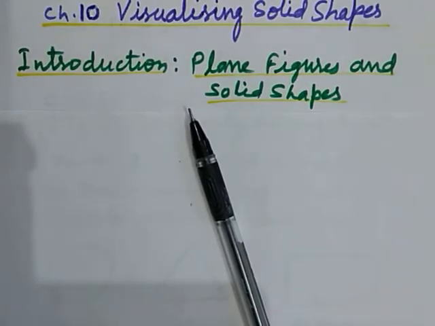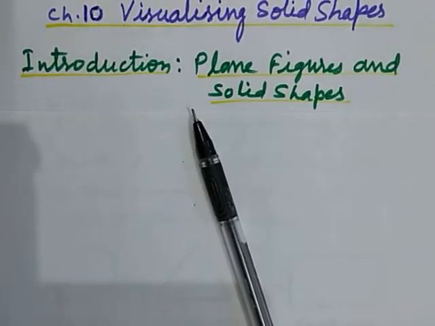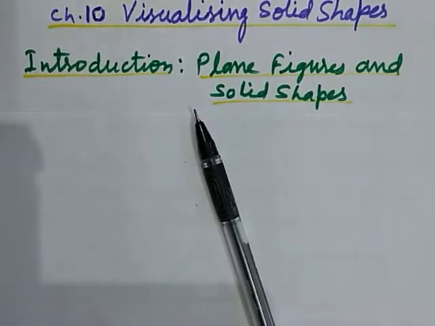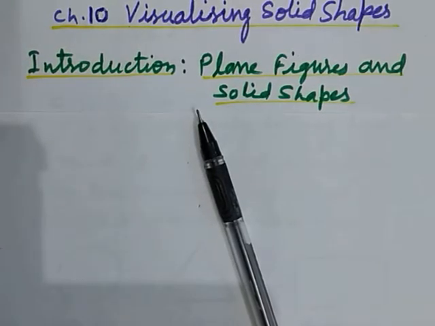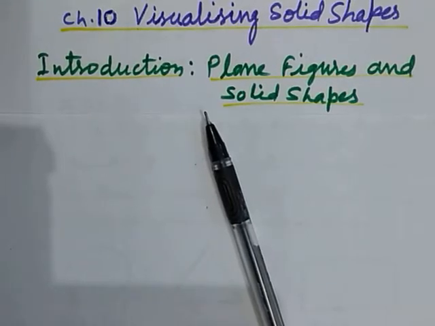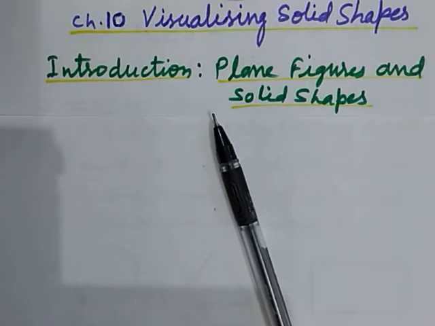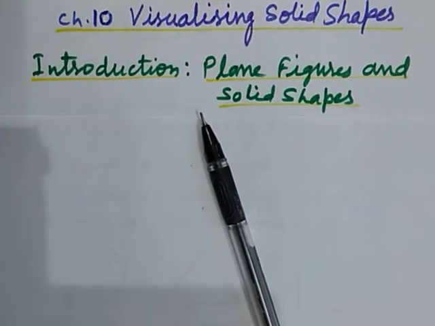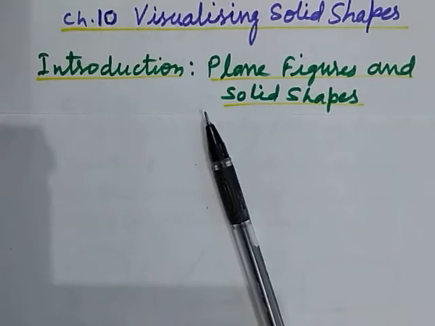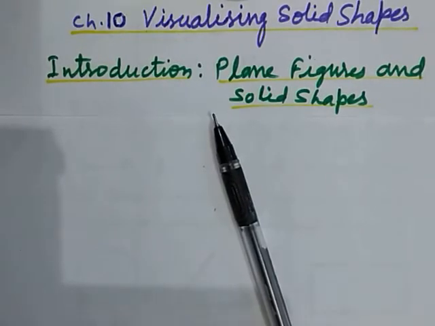Now we discuss different types of figures: plane figures, 3-dimensional figures, solid shapes, different objects in real life, how they look, and how any object looks when we view it from different angles. Okay, so watch this carefully up to the end. Okay, now we start.